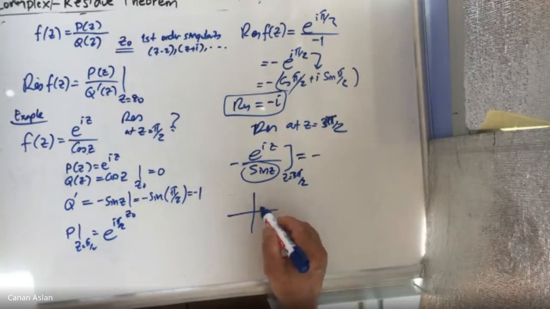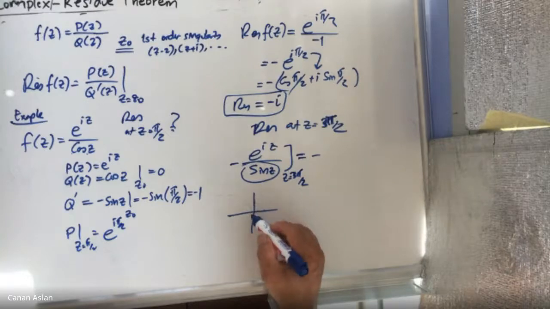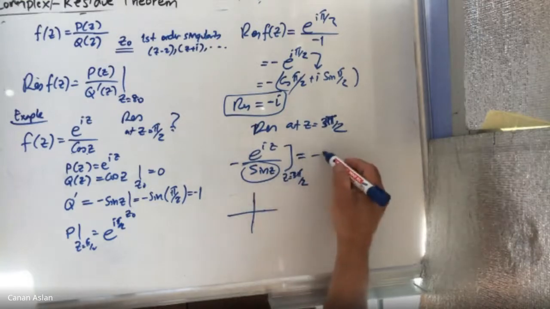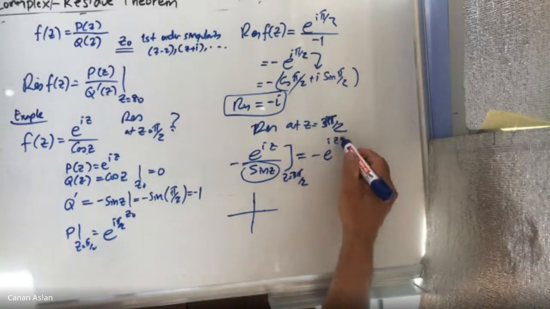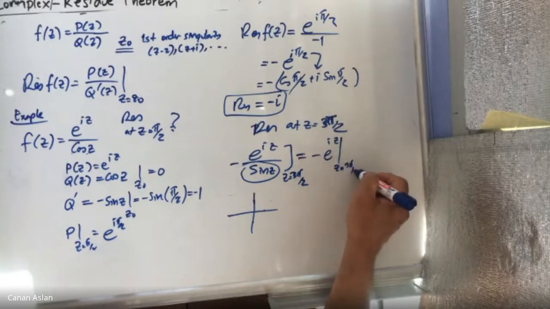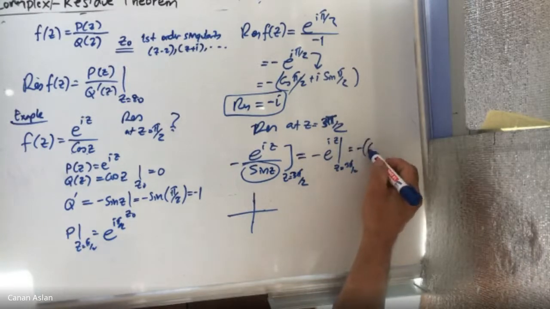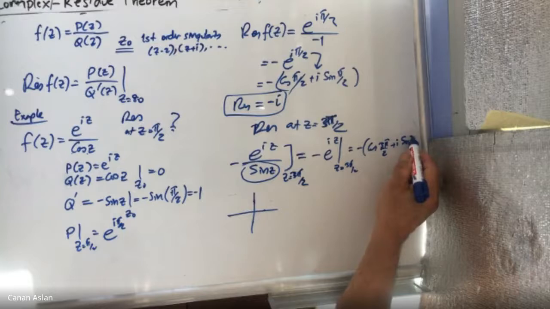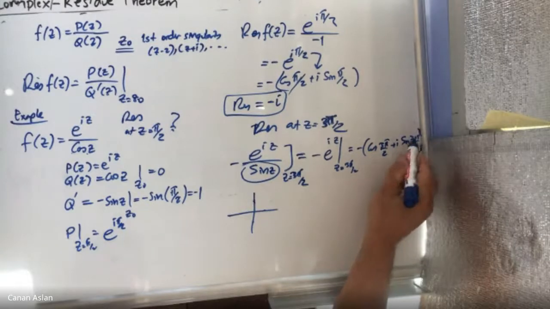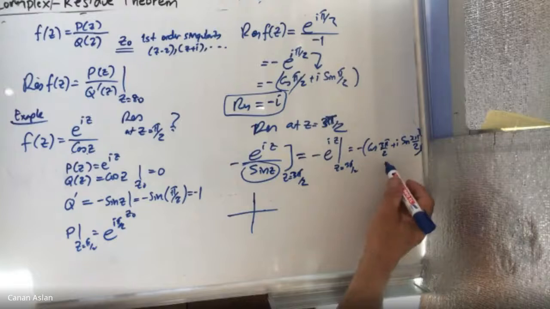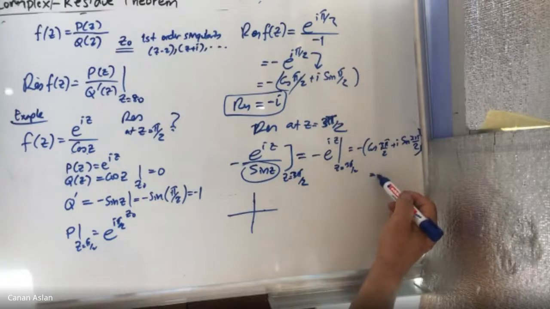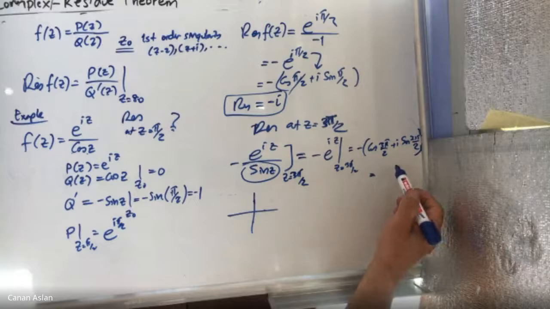This is pi over 2, this is 2 pi over 2, 3 pi over 2, which is minus 1, so this is plus 1. So it's again minus e to the iz, but now z is 3 pi over 2. So it's now minus cosine 3 pi over 2 plus i sine 3 pi over 2. As you see here again, the cosine cancels, and we get sine. It's just minus i. Okay. Let's check. Which one blows up?